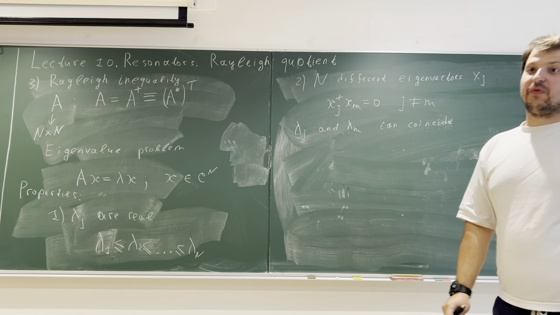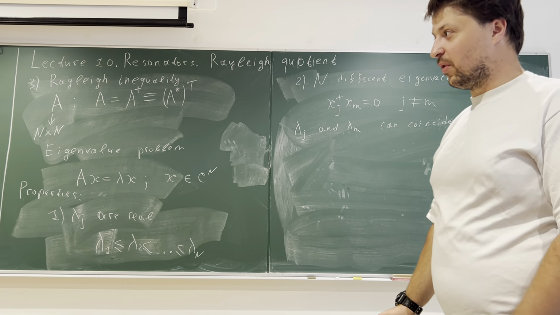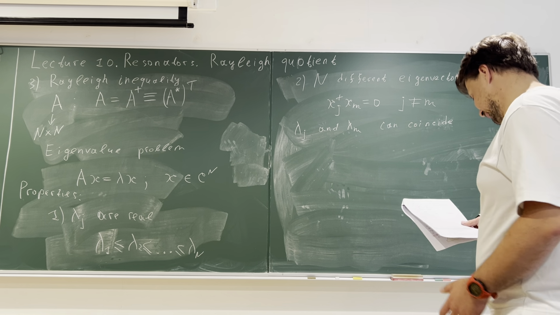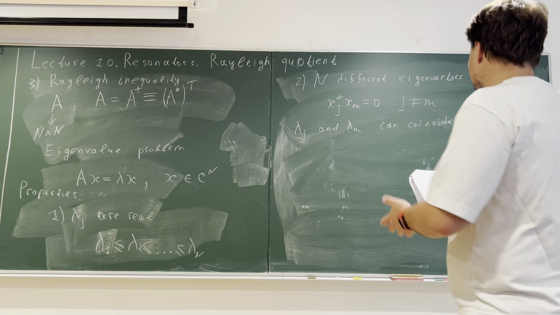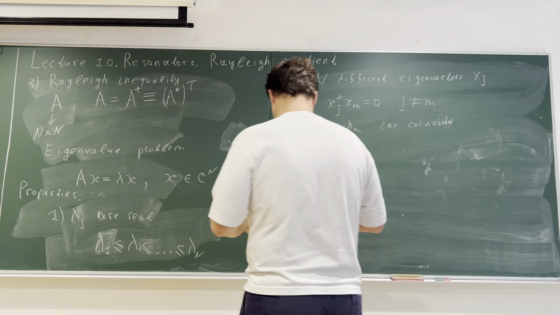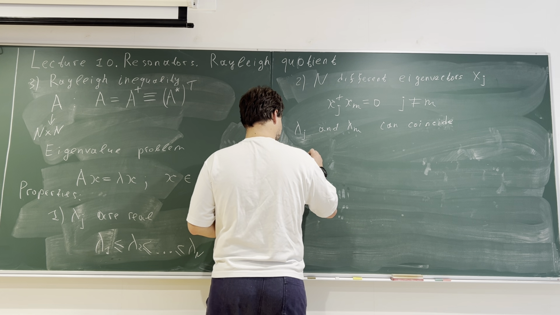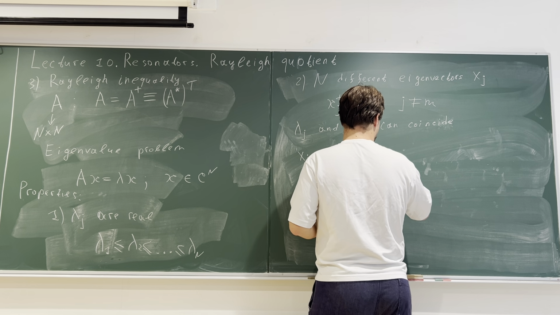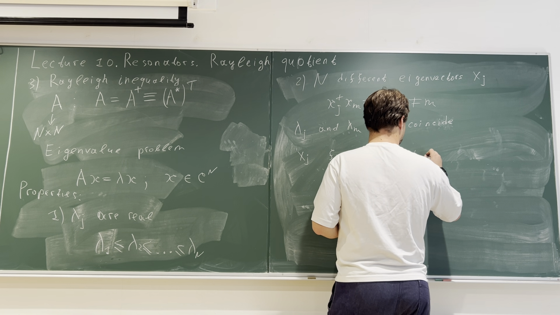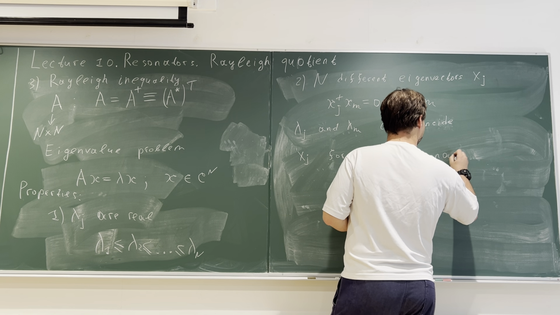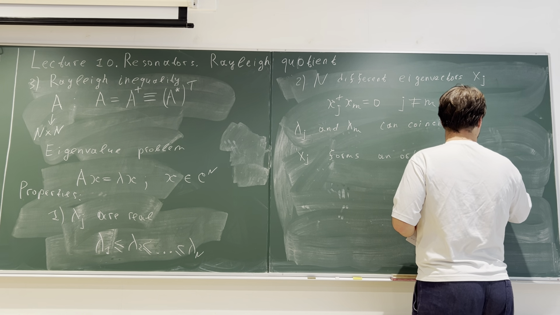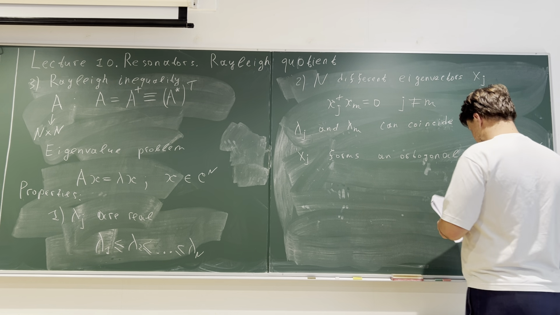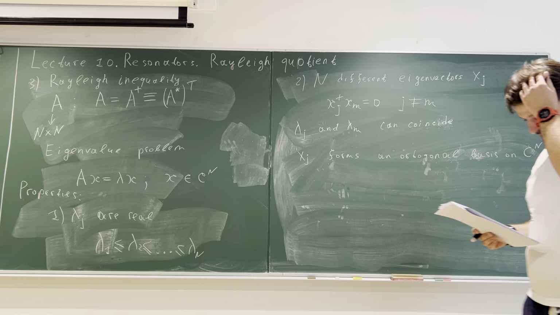For example, I can have an eigenvalue of order 2 which has two eigenvectors, but these eigenvectors are orthogonal. And from this, it means that xj forms an orthogonal basis on Cn. It's nice.